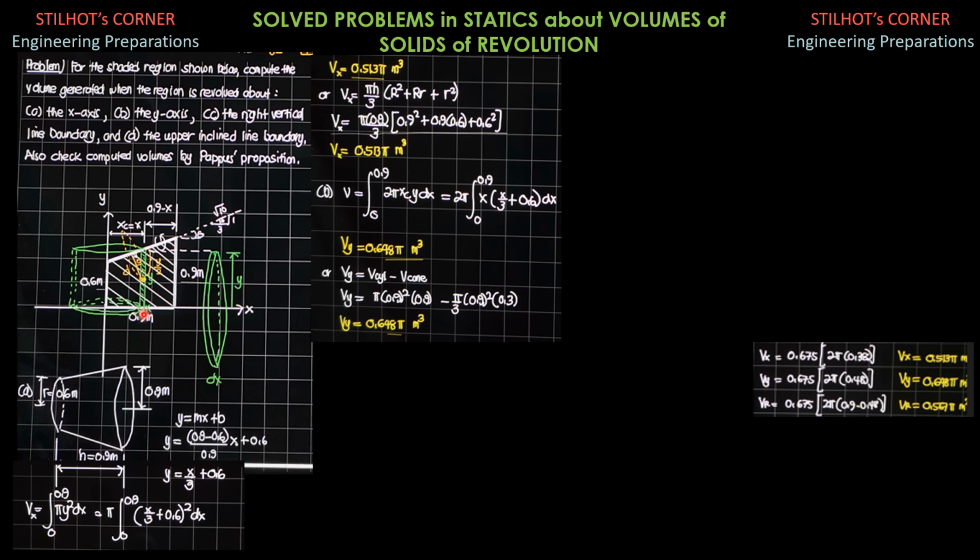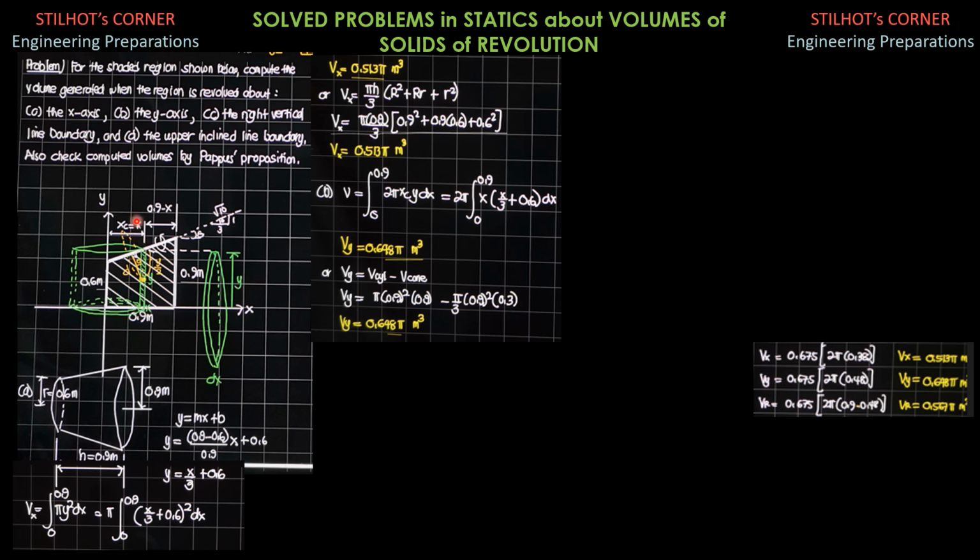Then when this vertical strip is revolved about the y-axis, it generates this cylindrical shell. Remember that the shape of the cylindrical shell is just a rectangular plate. The length of the rectangular plate is the circumference, which is 2 pi times the radius of revolution x sub c, but x sub c in this case, because we consider a vertical strip, is just x.